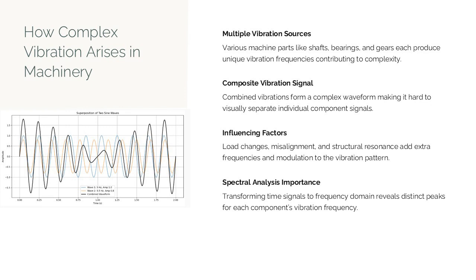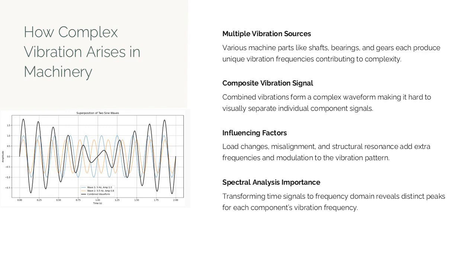For instance, the rotor may produce a vibration at the shaft rotational speed, while bearings generate vibrations at characteristic defect frequencies, and gears contribute harmonics related to gear mesh frequencies. When these signals combine, the resulting waveform becomes highly complex, making it difficult to isolate individual sources by visual inspection of the time domain data.